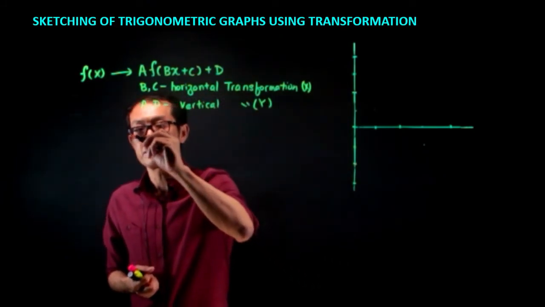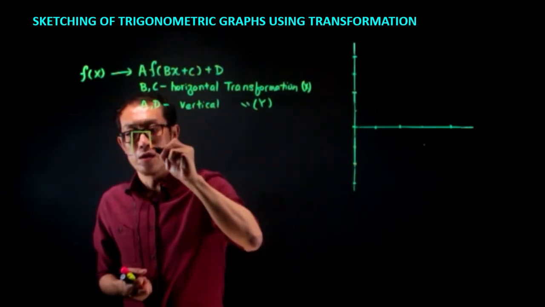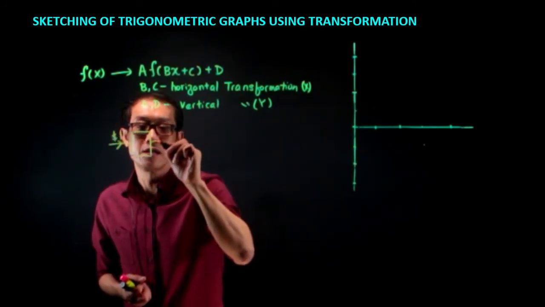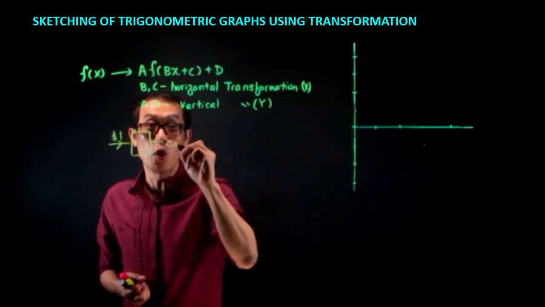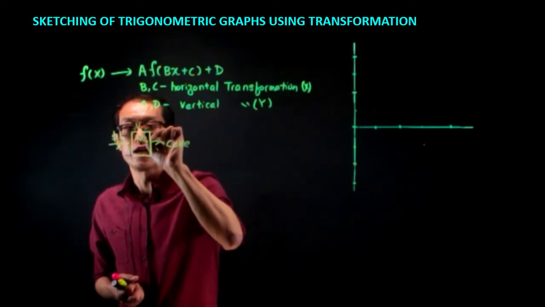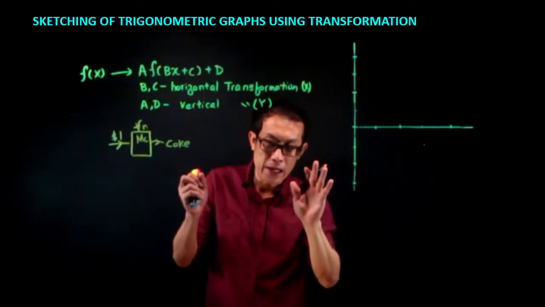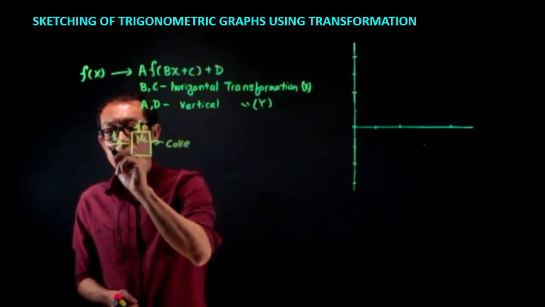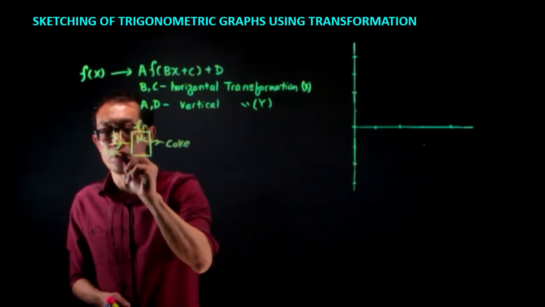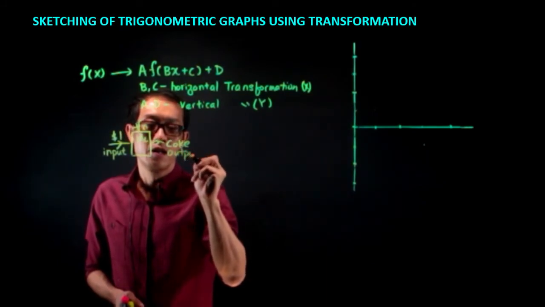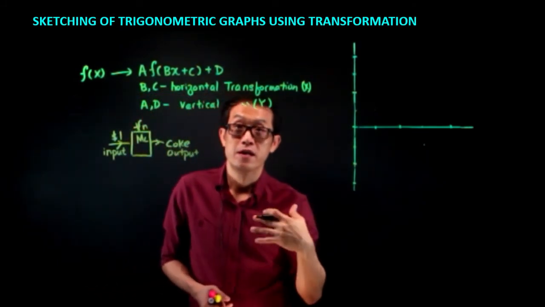For example, a vending machine: you put in $1 and what comes out is the real thing, Coke. So this machine is called a function. This is not a robust definition, but just gives you an idea. This is the input, or sometimes called the domain. The output is sometimes called the range.